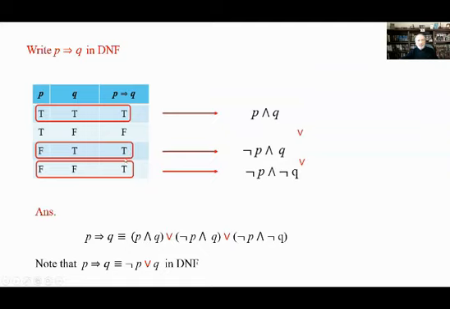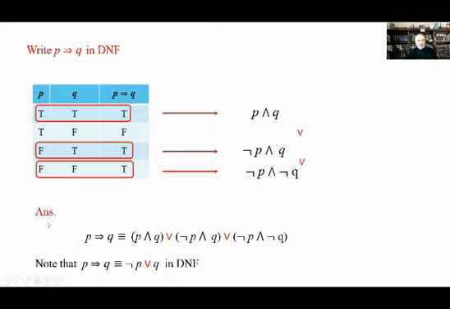Here, this expression is true when P is false, because not P is true and Q is true, you get true. So once you have that, then you put or between these three propositions.